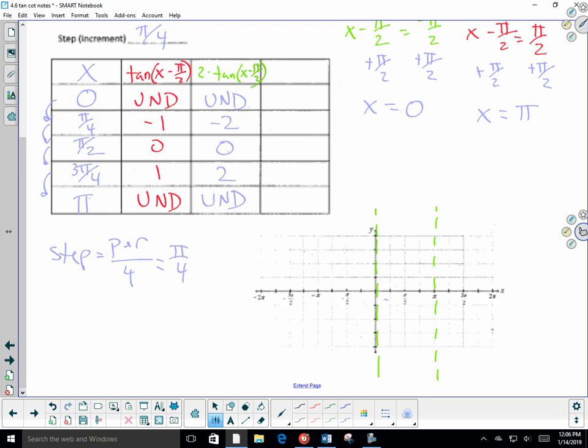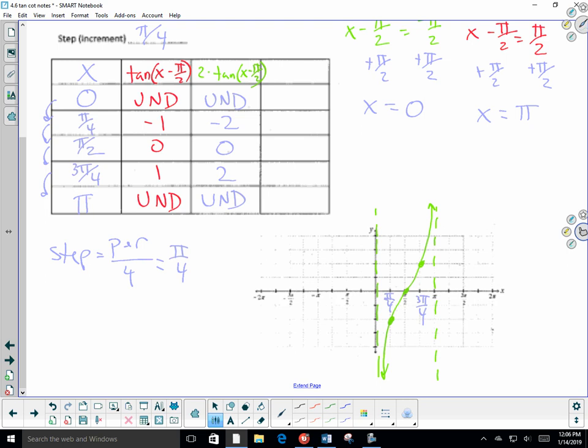This is pi over 4, 2 pi over 4, 3 pi over 4. So at pi over 4, I should have a point of -2. At pi over 2, I should be at 0. At 3 pi over 4, I should be at 2. Again, it's a little stretched out, but that's because there's been a vertical stretch. But we want to have our shape looking like that.